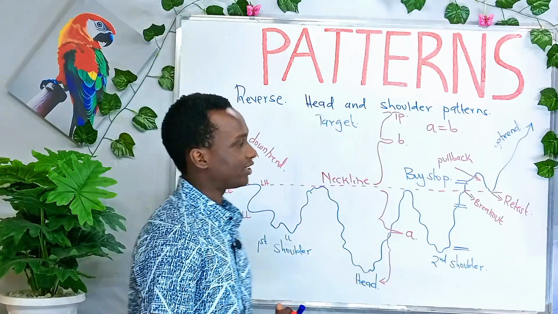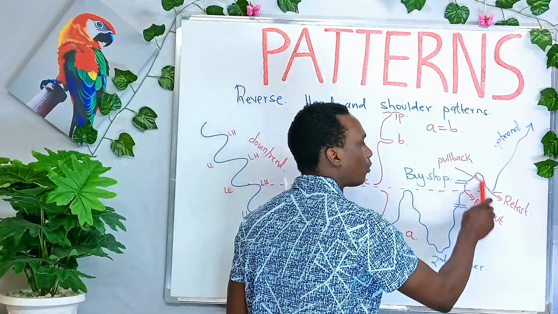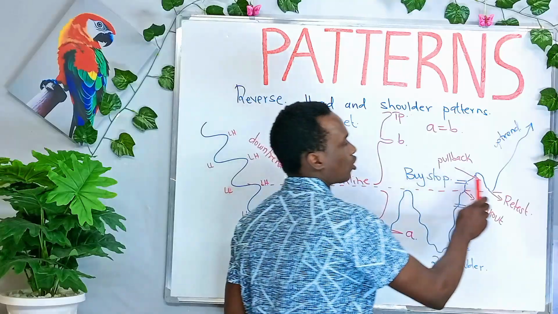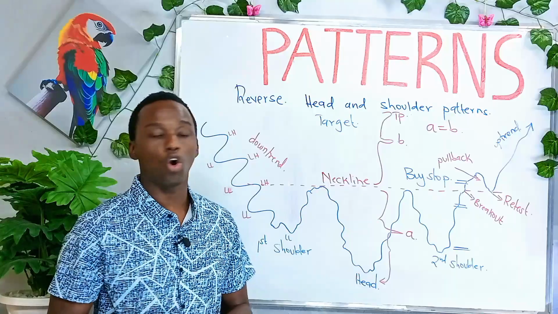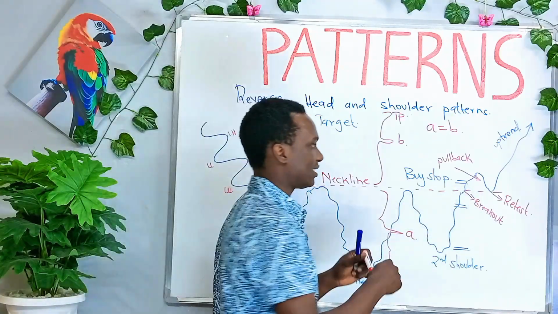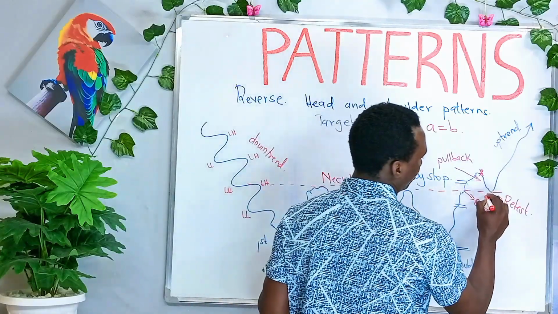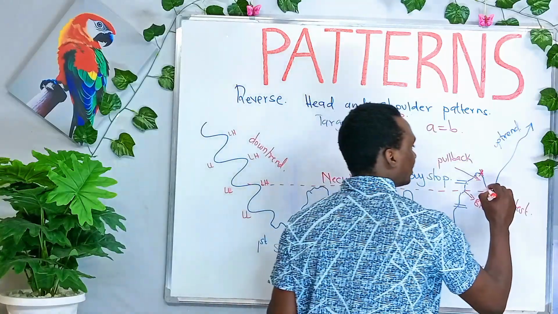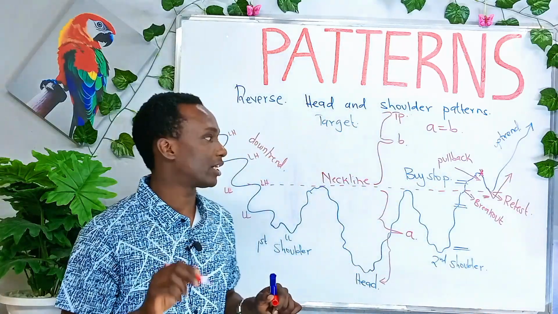Okay, most of the time I like to enter my trades after this pullback on the retest of the neckline, so that I may have a good risk to reward ratio on most of my trades. All right, if you entered this trade here and you placed your stop losses just below this neckline, there is a higher chance that you will be stopped out before the trade moves into your desired direction.